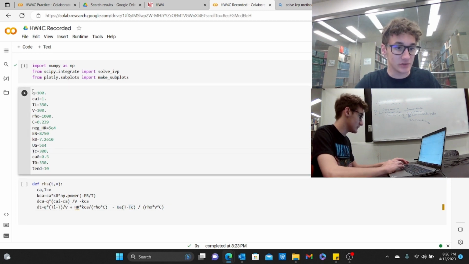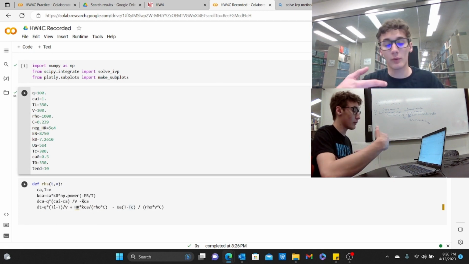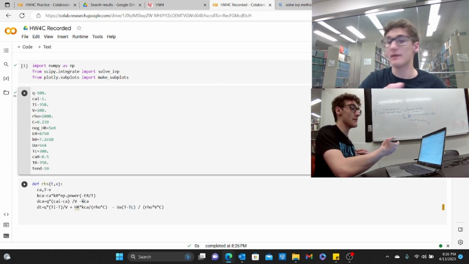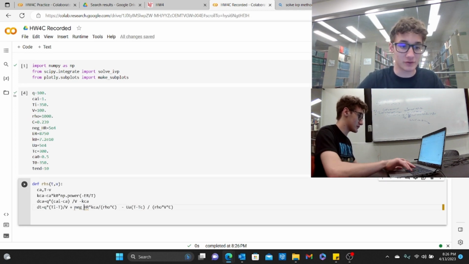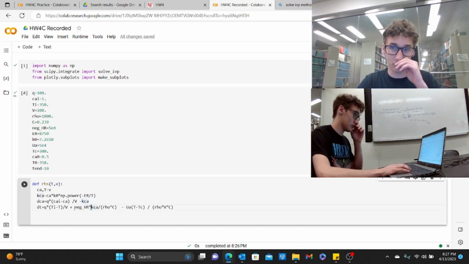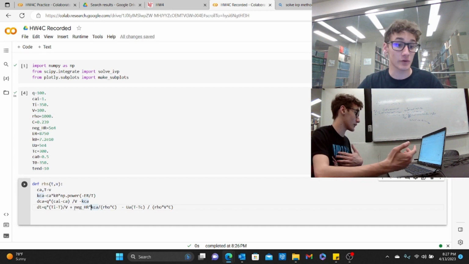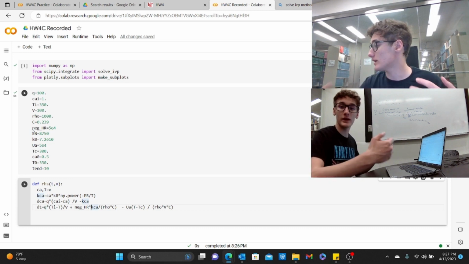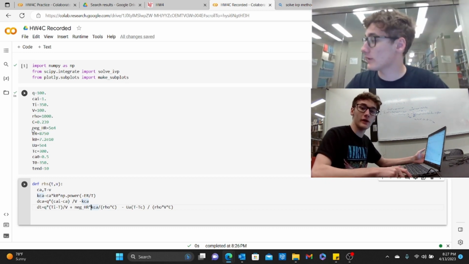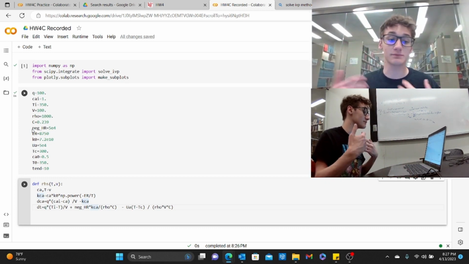I put TC0, and I should just put TC. The way we're going to change it is we're just going to change that manually. And then I put neg_HR, as that's what it is. If it's negative, it means it's exothermic, and ours is. So we put negative in the coefficient as a way to let you know that it is exothermic, but it's positive in this term.